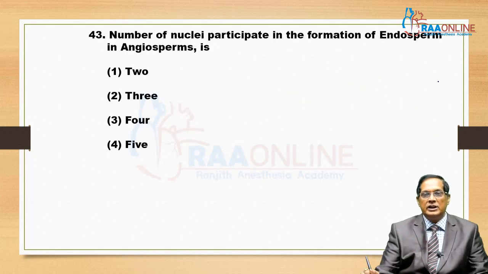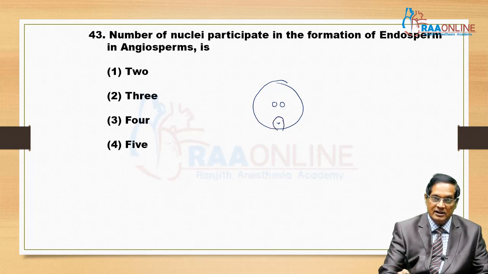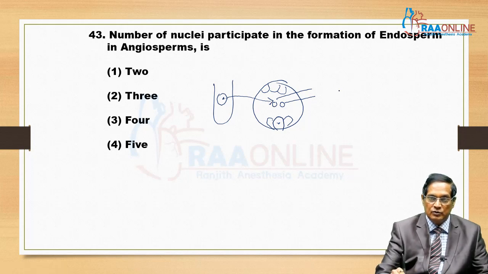Now, the number of nuclei that participate in endosperm formation. In the embryo sac, these two are the polar nuclei, this is the egg cell, these are the synergids, and the three above are antipodals. One male gamete of the pollen tube fuses with these 2 nuclei.